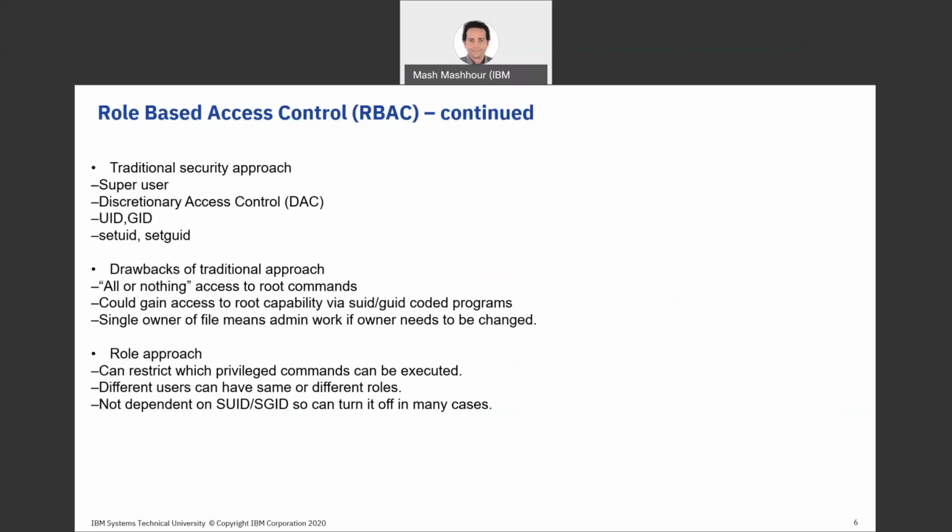For any traditional security approach, as you can see on the slide, there is a super user, the root, and no other administrative user. There is also discretionary access control, DAC, with UID and GID, and the special execution for the user and group, which is set UID and set GID. Take the passwd command, for example.